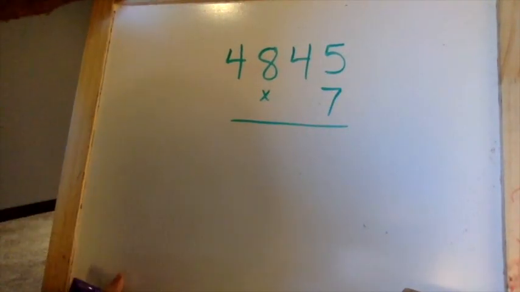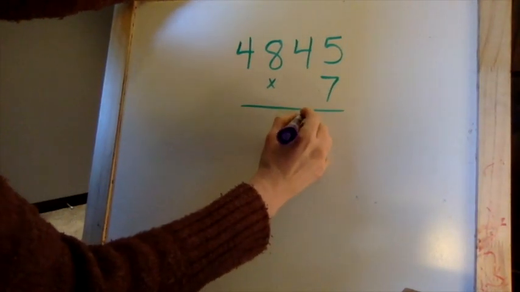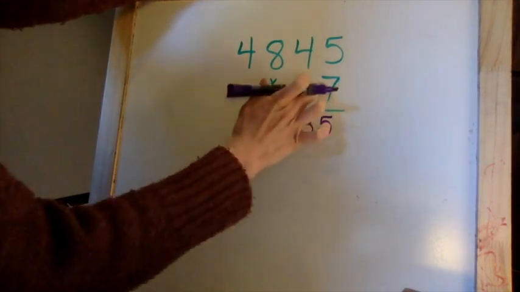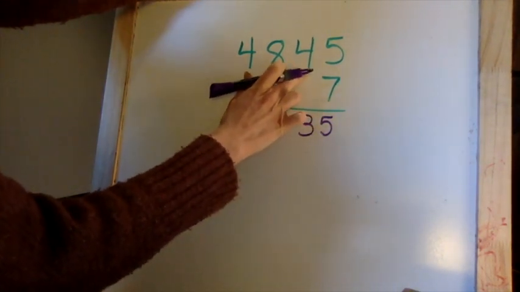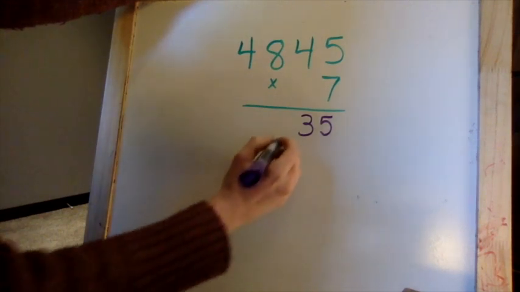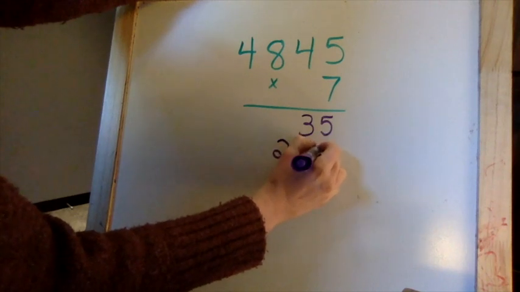7 times 5 is 35. So I have 3 tens, 5 ones. 7 times 40. Well, 7 times 4 is 28. 7 times 40 is 280.